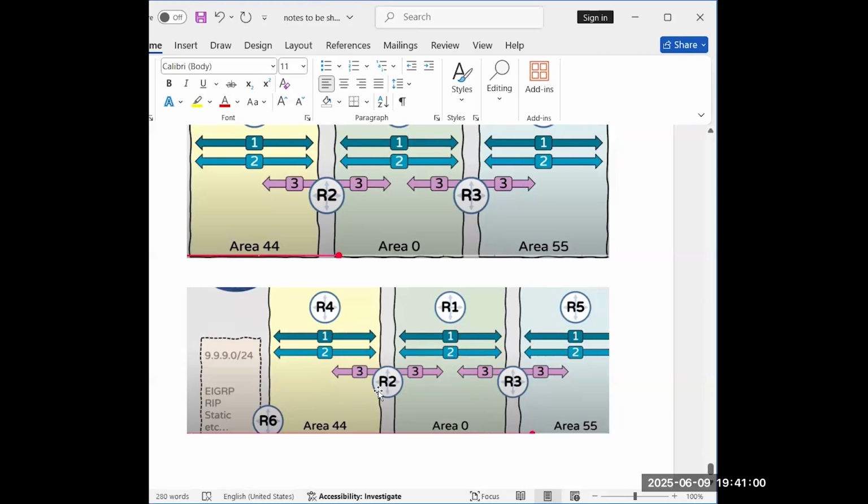It checks whether there is any ASBR router connected in the area which is connecting a different autonomous system. Only if there is one connected are type 4 and type 5 LSAs generated. So in this area and the others, there is no type 4 or type 5 generated at all.